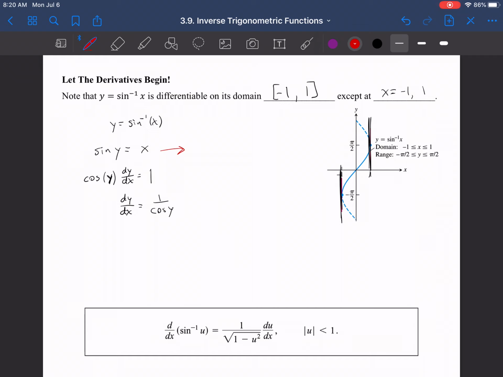if we come over to the side, we can square both sides. Sine squared y equals x squared, which then gives us, sine squared plus cosine squared equals 1, and you can make it sine squared equals 1 minus cosine squared.